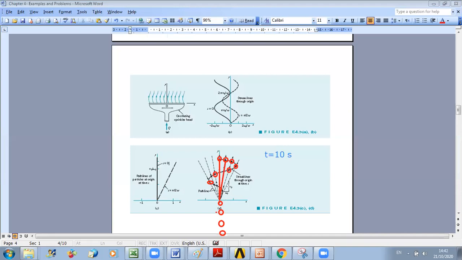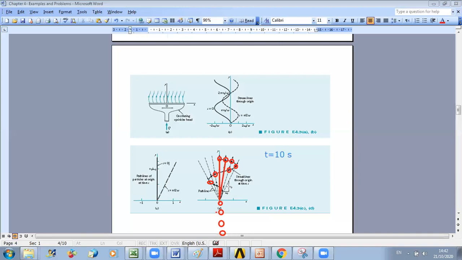The main application of streak lines is in experimental cases. You inject a tracer gas or particles in a flow and you can see them, and you can track their behavior with your flow.